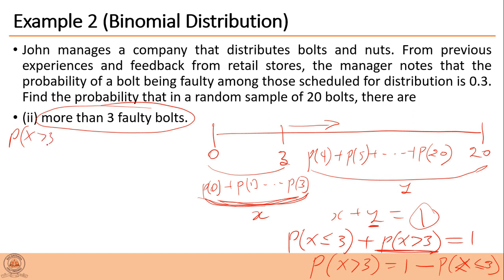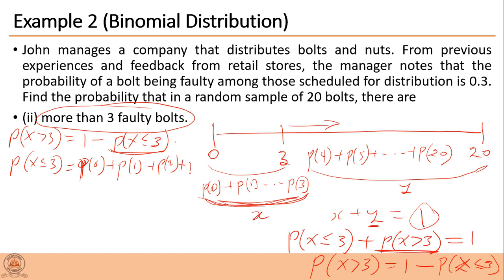The probability of less than or equal to 3 is the probability of 0, that is not having any faulty bolt at all, plus the probability of 1, the probability of 2, and the probability of 3. This is very short and simple.